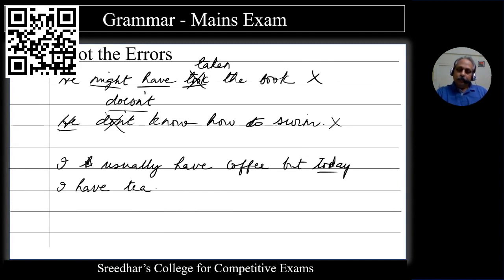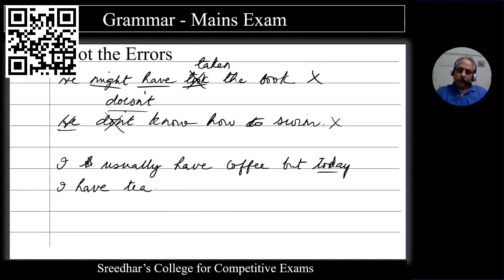Usually it goes with present perfect, but in this context it talks about breaking a habit. Then usually we use words like these days, nowadays. In place of these days, nowadays, here the sentence takes the word today. A regular habit: I usually have coffee, but a break from the habit: but today I have tea.